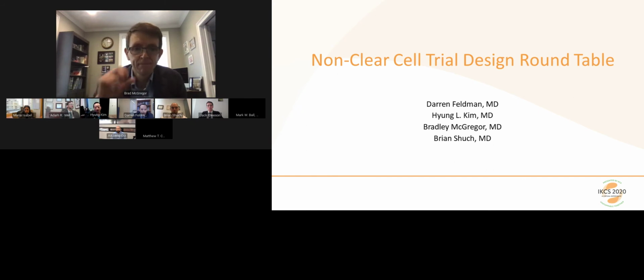You know, the problem with the aberrant histology is it's generally accepted, based on retrospective data, that they have a slightly worse prognosis than clear cell. Clear cell represents the majority of renal cell carcinomas, so there are ample numbers of clear cell patients for phase 3 trials. If you're a drug company, you're not going to want to include aberrant histology, as that may make your drug look less effective.